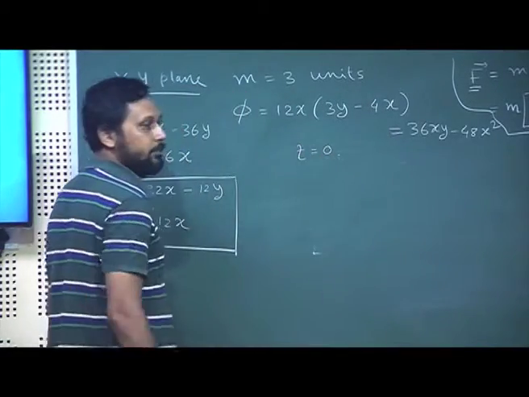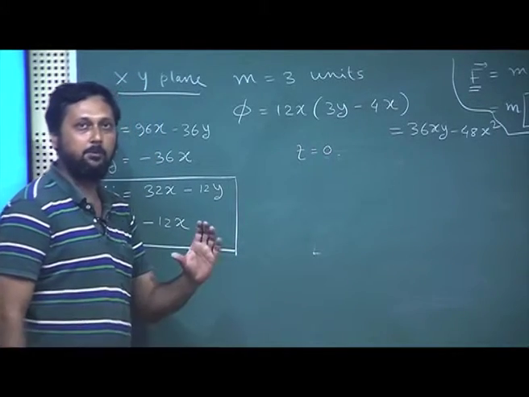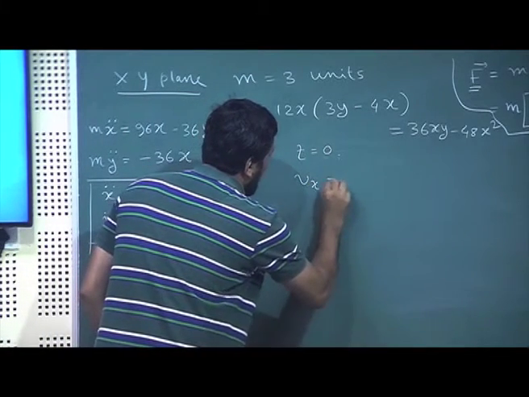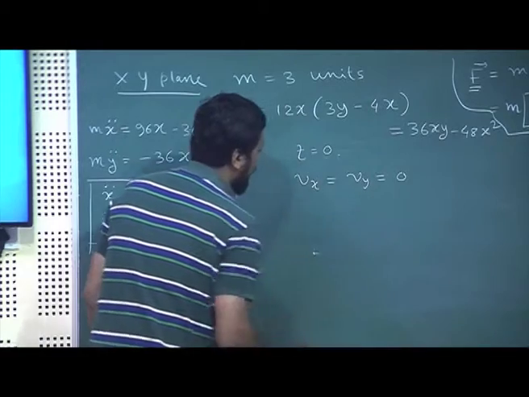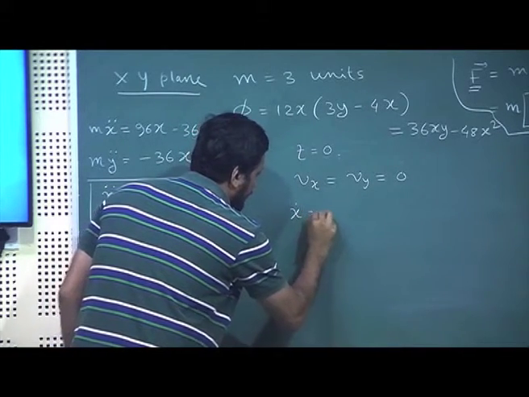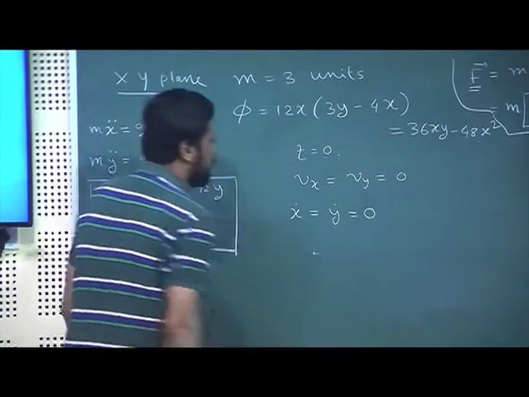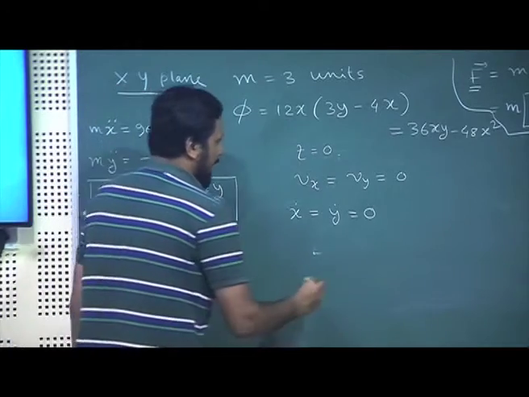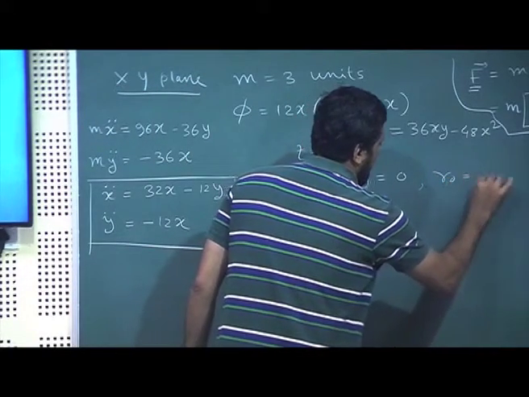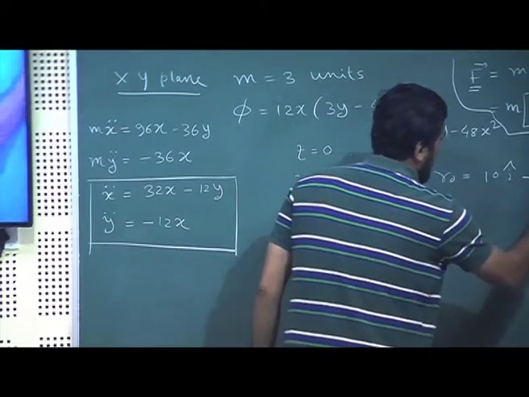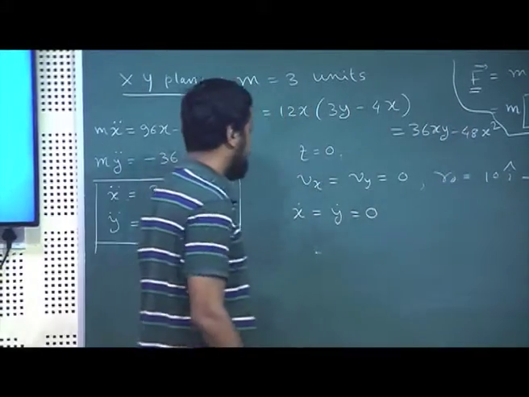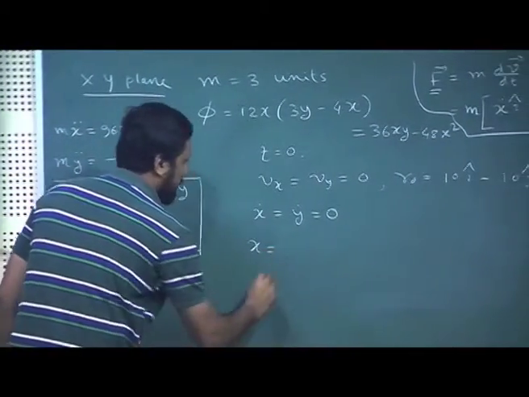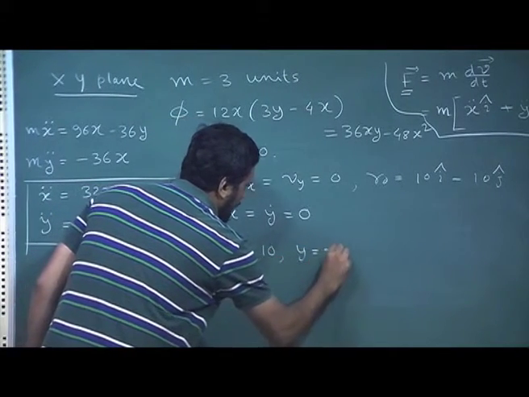At t equal to 0, please remember the statement of the problem, the particle starts from rest, that means Vx equal to Vy equal to 0, or x dot equal to y dot equal to 0. So, that means there is no motion, and also the initial coordinate is given as r0 is equal to 10 I cap minus 10 j cap. So, at t equal to 0, x equal to 10, y equal to minus 10.